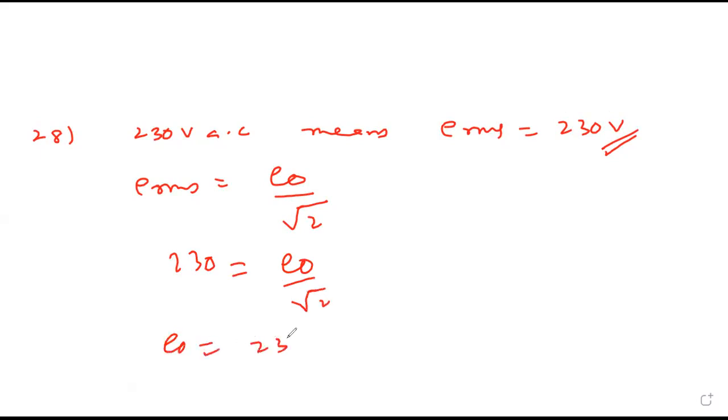That means its peak value will be greater than 230. Therefore, the peak value of AC is greater than 230 volt as compared to DC. Therefore, it is more dangerous.